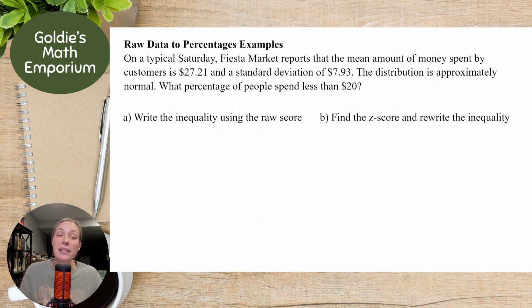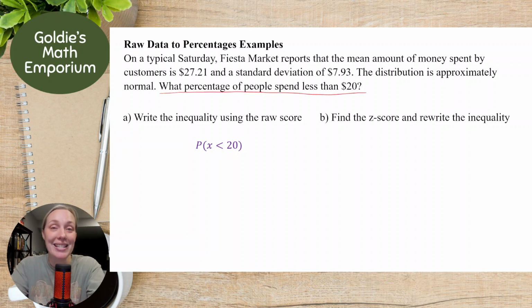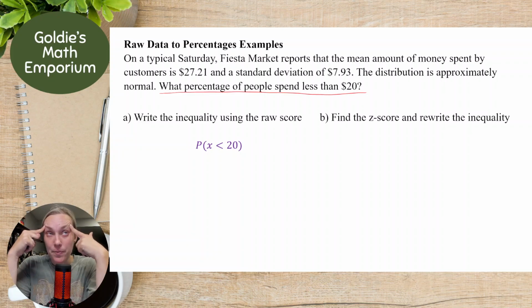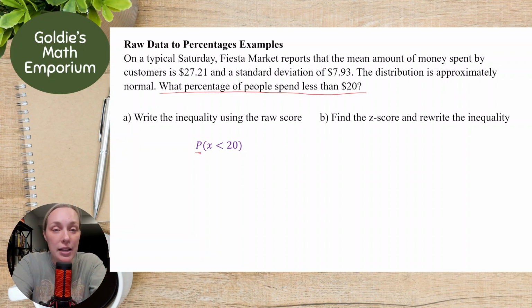First, we're going to write the inequality using the raw score. What I mean by that is we want to know: what percent of people spend less than $20? So it's important to get that question answered. We're going to write it in math notation first: the percent of people, X less than 20.